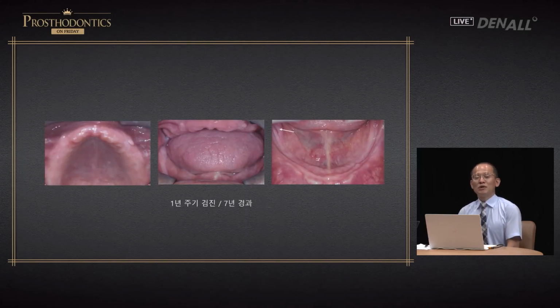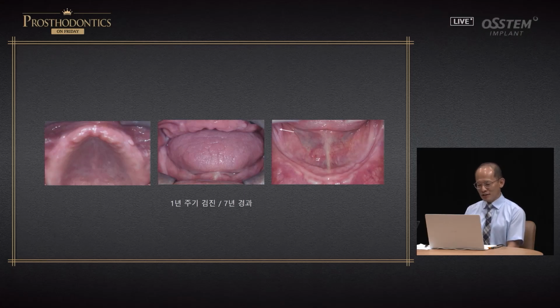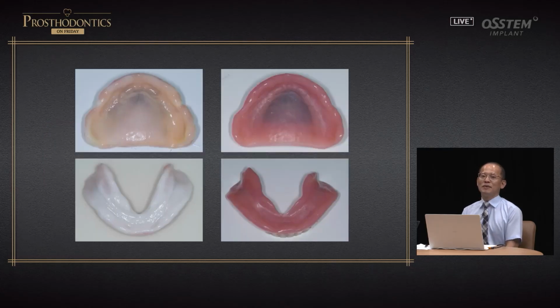Now, after that we had follow up every 1 year. He came very frequently, according to the schedule, and it went very well. But on the right side, on the lingual, there was an ulcer, so there was pain. This was something that had not happened in 7 years, so we have to do relining and do adjustments. These are some of the signs that treatment is necessary.